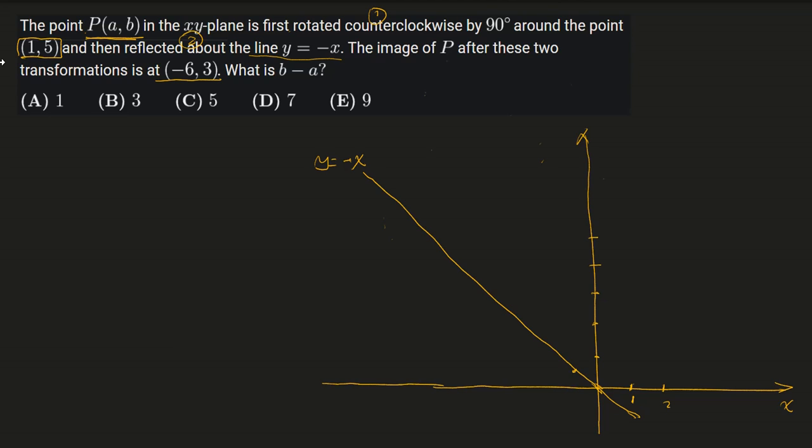And then let's get a few more points: 6, 7, 8, and 9, and so on and so forth. This is our y-axis. So this is 9, 8, 7, 6, 5, 4, 3, 2, 1.